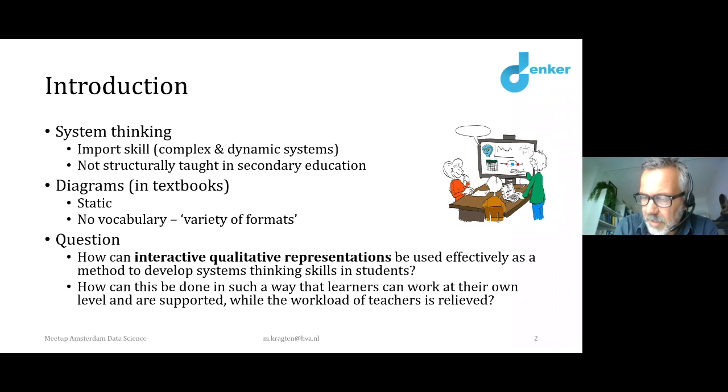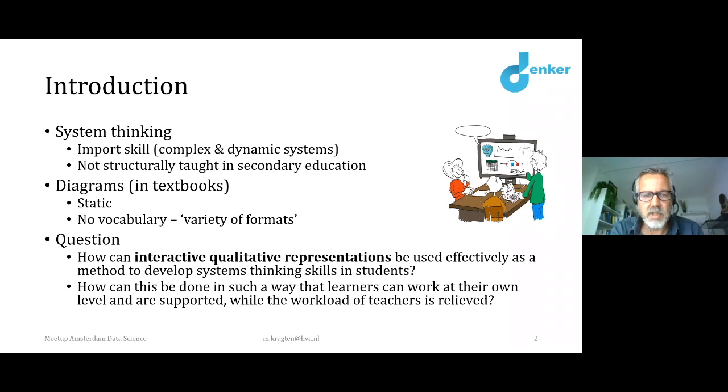For instance, something about testosterone regulation in biology. And all those diagrams have their own vocabulary or a variety of formats, so students don't actually learn an overarching vocabulary to think about systems.